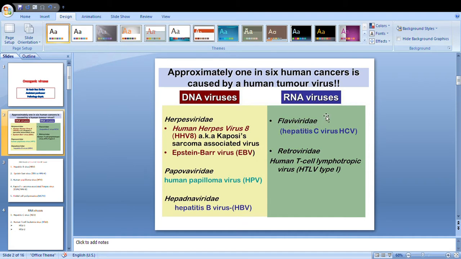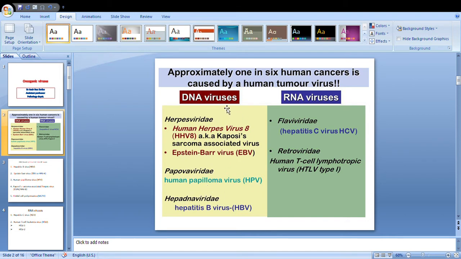Regarding the importance of neoplasia, approximately 1 in 6 human cancers is caused by tumor viruses. So these tumor viruses are divided into two, the DNA viruses and the RNA viruses, and these are the families of these viruses.